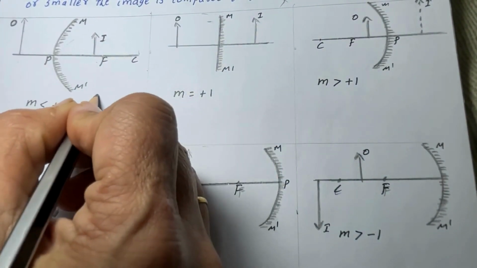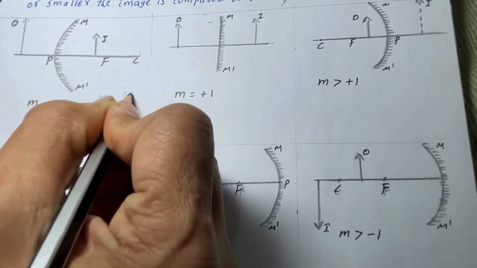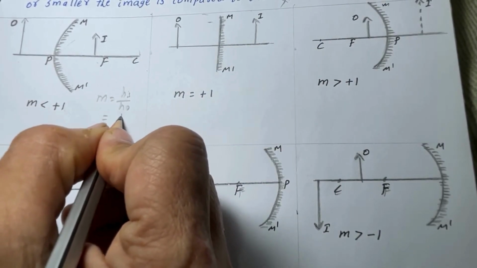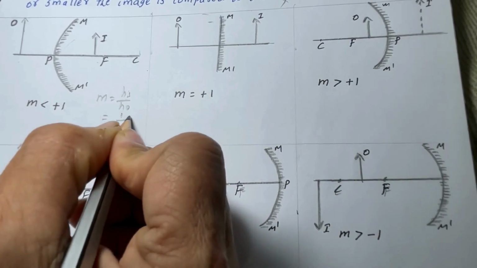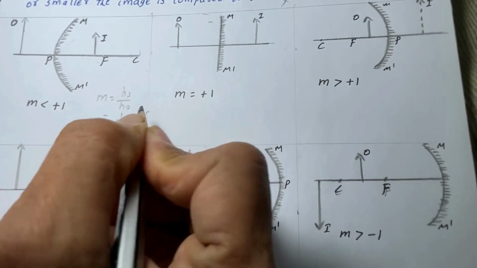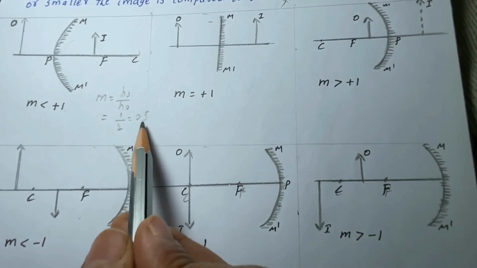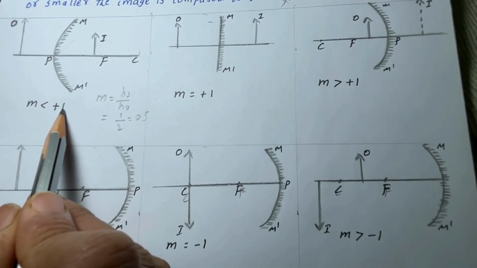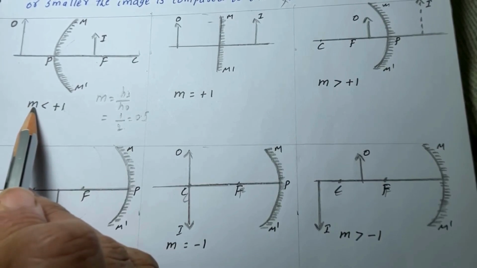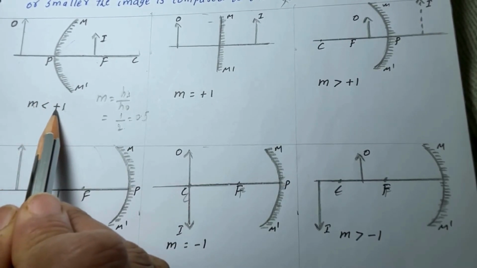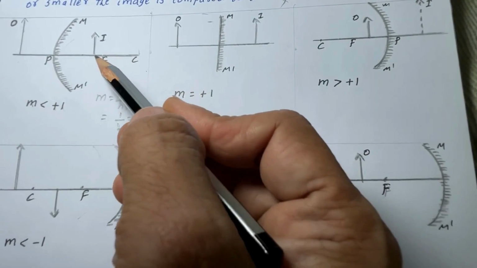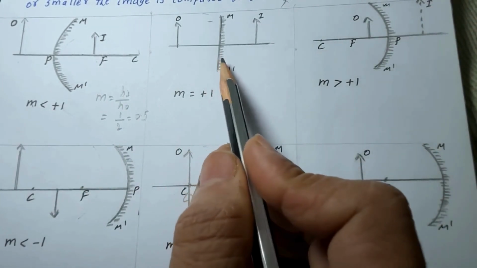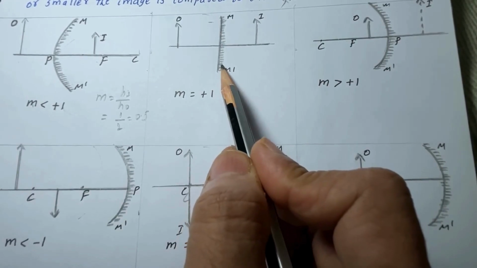Then M is equal to height of image by height of object, that is 1 centimeter by 2 centimeters, which is equal to 0.5, which is less than 1. So the numerical value of magnification is less than 1, and this plus sign shows that the image is an erect image.